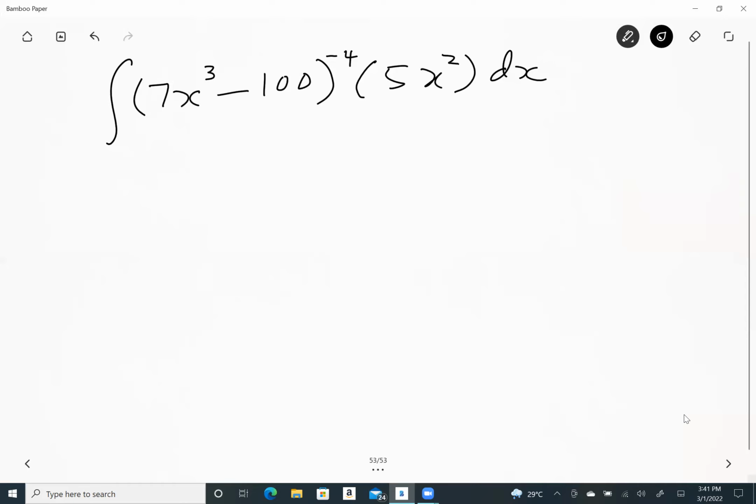So what do you have to multiply that with in order that we get 21x squared from your given 5x squared? Just give me a number. What do you multiply that with? Just give me a ratio of the same number.